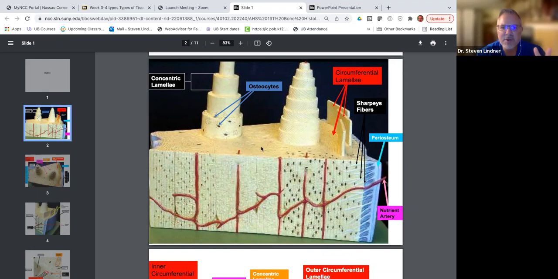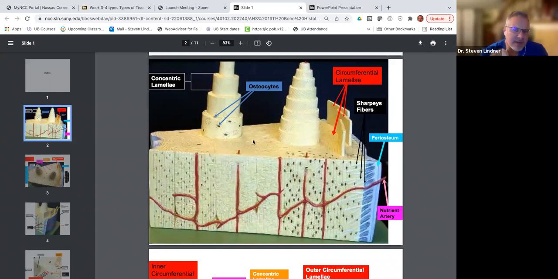Now, osteoblasts make the bone, they make the matrix. The osteocytes are what they're called after they get stuck in their lacunae. And you have osteoclasts that will break down bone. We're not going to see the osteoclast here, but just from a physiological standpoint, think of it this way.